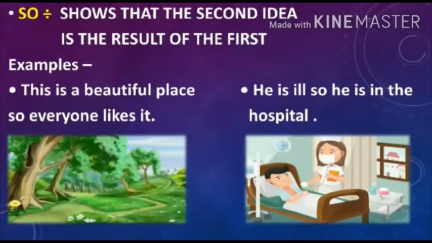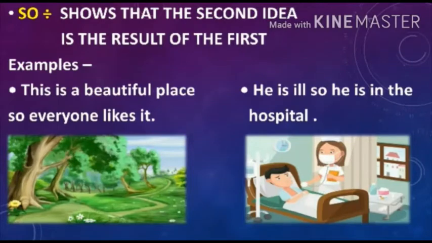Now let's see the next conjunction. So. So is used to show that the second idea is the result of the first. For example, this is a beautiful place, so everyone likes it. Why does everyone like it? Because this is a beautiful place. Now let's see the next example.